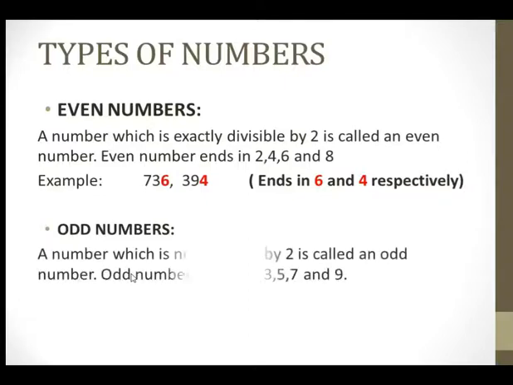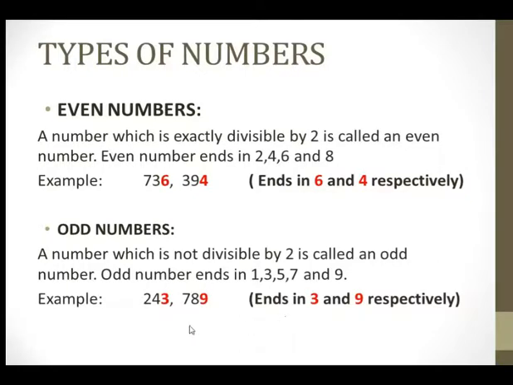Odd number, any number which is not divisible by 2 is called an odd number. For example, 1, 3, 5, 7 and 9. Here also we conclude that if the unit place of a number is not divisible by 2, then the number is an odd number.